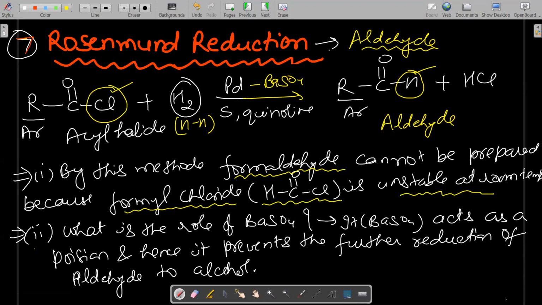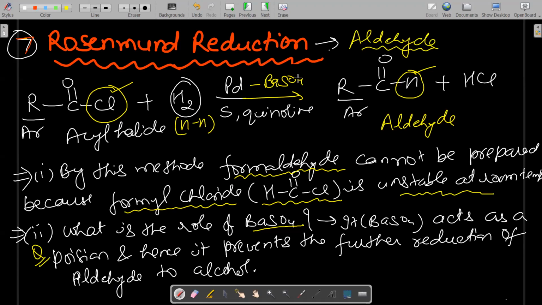Second, there is one question that arises: why is BaSO4 added in this reaction, or we can say what is the role of BaSO4 in Rosenmund reduction. So simply we can say that this BaSO4 actually acts as a poison. It is a poisoning catalyst. Hence, it prevents the further reduction of aldehyde to alcohol. Otherwise, what will happen?